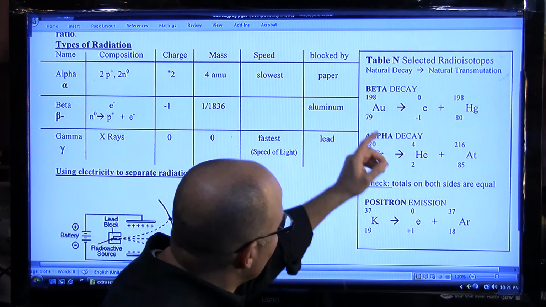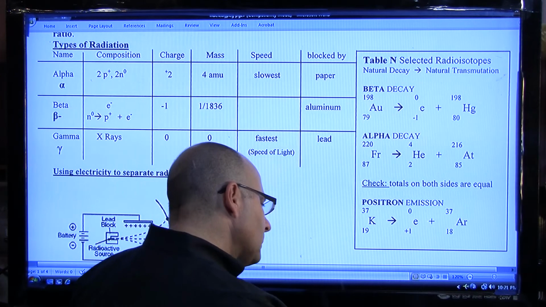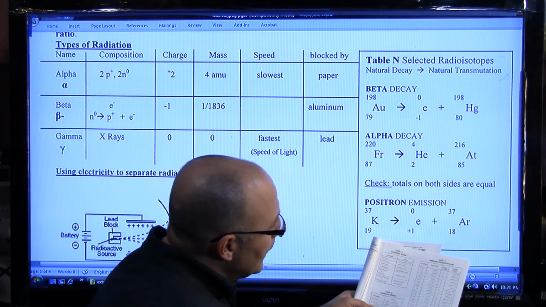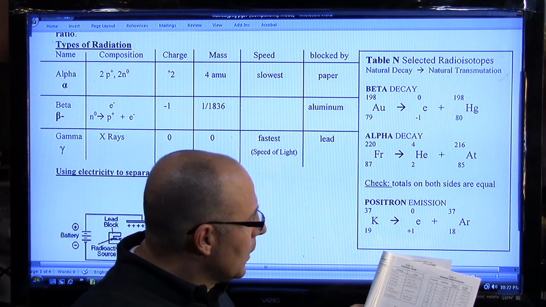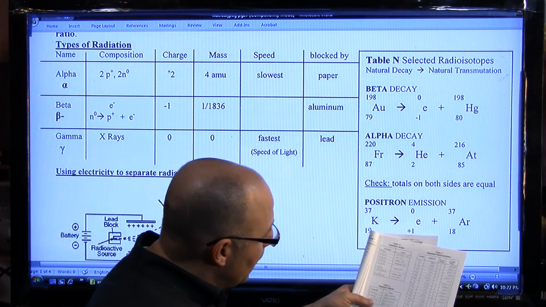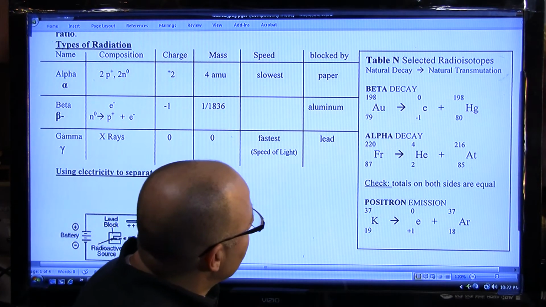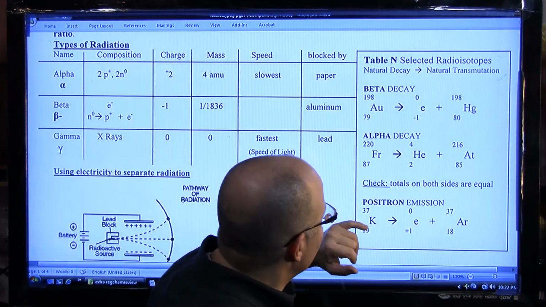And so gold 198, we're told here in table N, its decay mode is beta minus. So in other words, the gold will emit a beta particle spontaneously. And to depict what's going on, we have an equation here that spells it out.